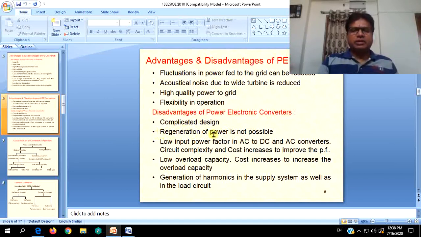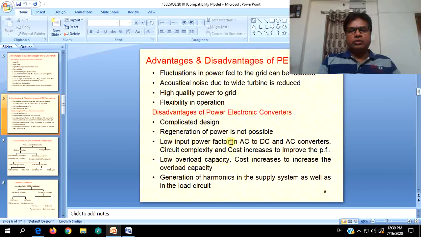Regeneration of power can be done in case of all the equipment which has overhauling characteristics, whether it is electrical traction or hoists or cranes, where load drives the source for some time because of the momentum it has got, and it will supply generation back. The simplest example is a train going down the gradient.